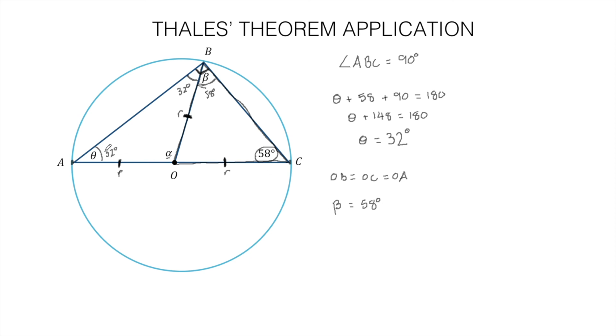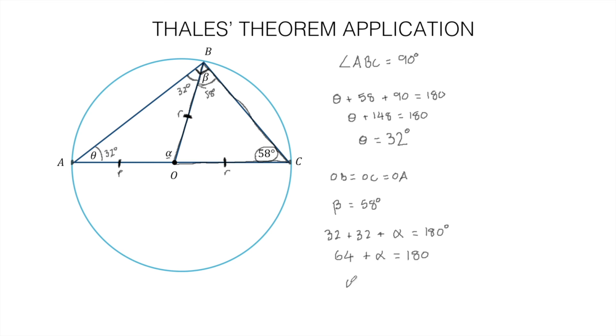Now all we have to do is, we know it has to all add up to 180 degrees inside this triangle. So we just say 32 degrees plus 32 plus alpha equals 180 degrees. Now 32 plus 32 is 64, plus alpha equals 180.